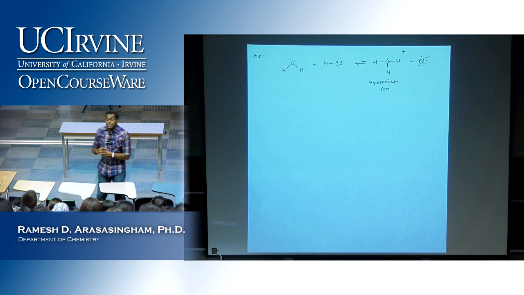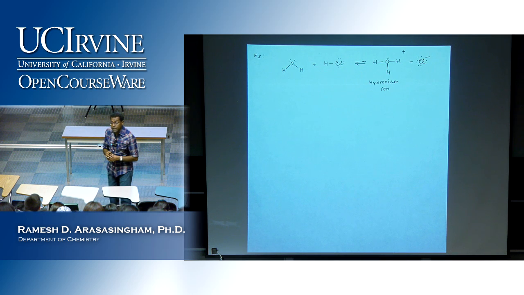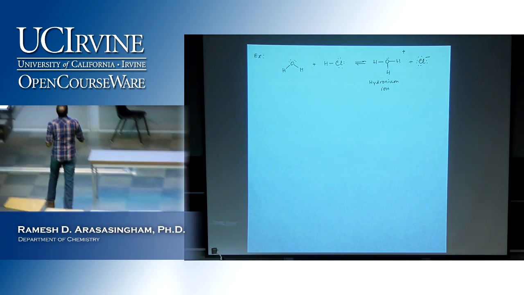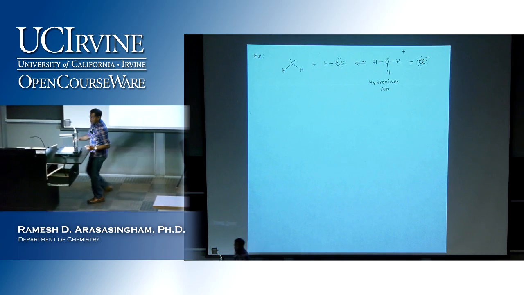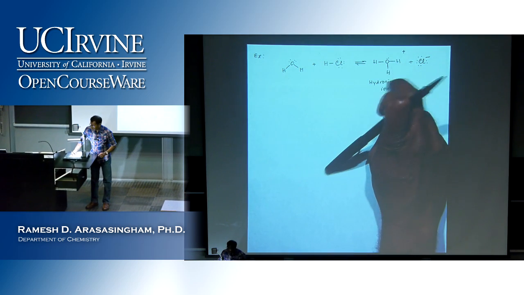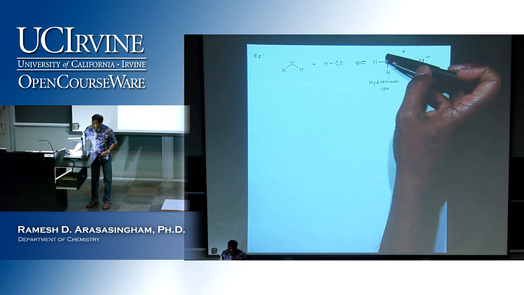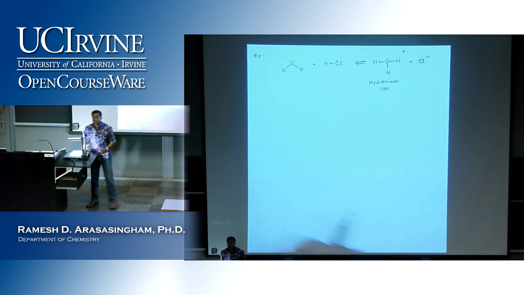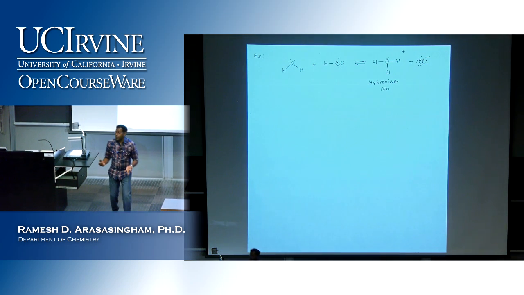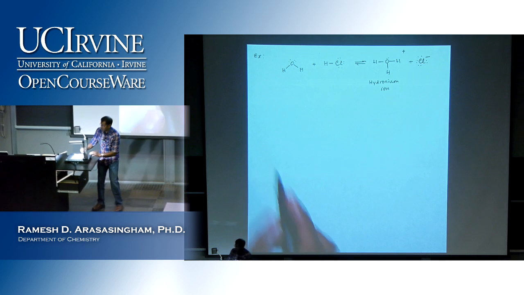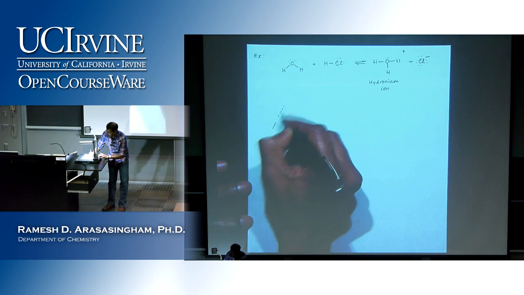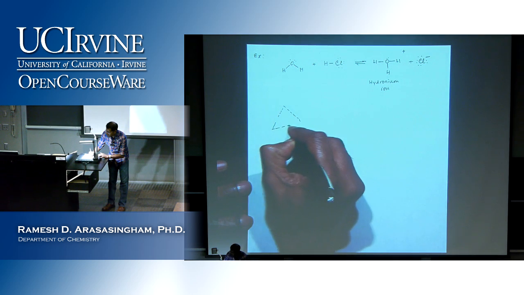But in fact, this is not the best description either, because as all of you know, if you're in water and you have a hydronium ion, you can figure out what the shape looks like. If you look at this, it's got a lone pair and 3 bond pairs. The steric number is 4. So if you look at the shape of this molecule, it has a tetrahedral electron geometry.